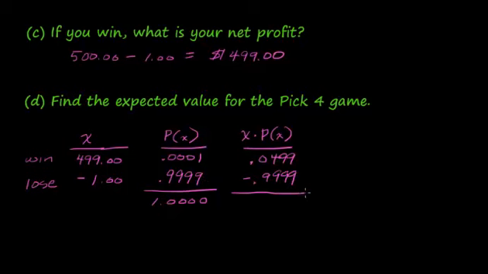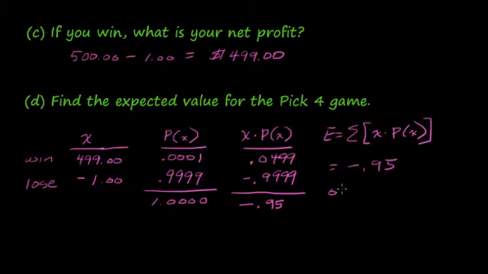And the sum of the x times the p of x is negative 0.95. So our expected value is equal to the sum of x times p of x. We made a column, we summed it up, we got this negative 0.95, or that represents a loss of 95 cents.